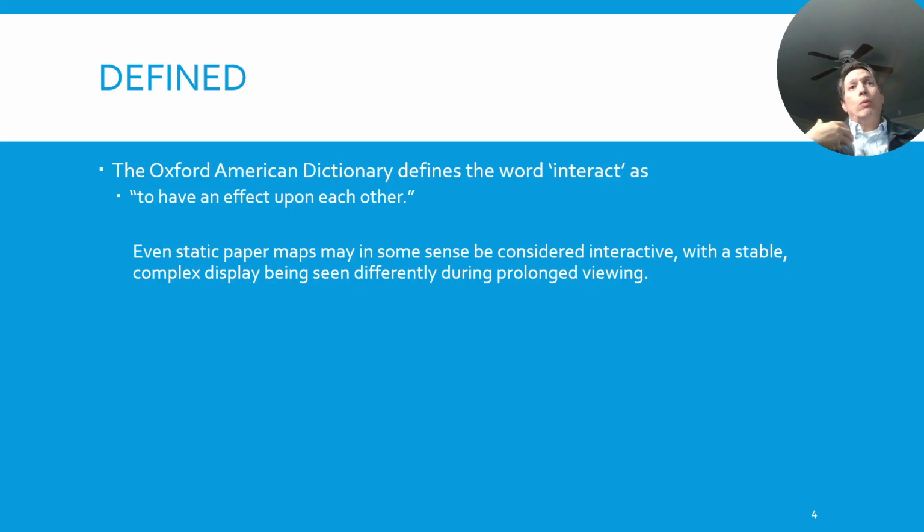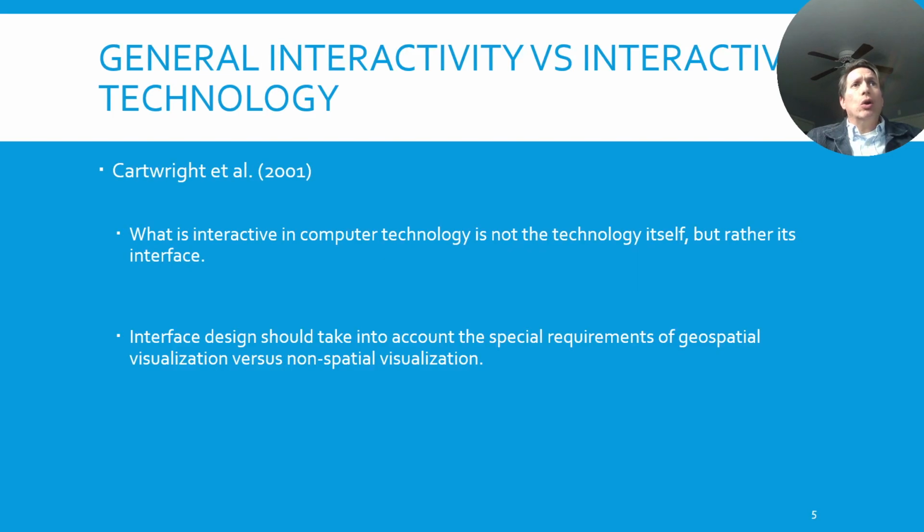But of course, when we are talking about interaction, we can have an active or passive dynamic there. But the most important thing, when we are talking about technology, is that what makes interaction is not the technology per se, it is the interface. And the interface are the things that allow us to communicate with the system. For example, the mouse, the keyboard, the screens, those things that allow us to input data and receive data back.